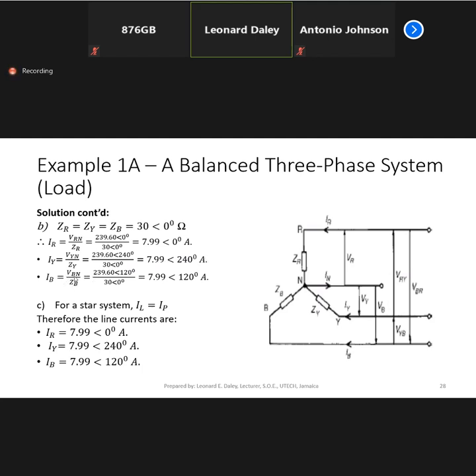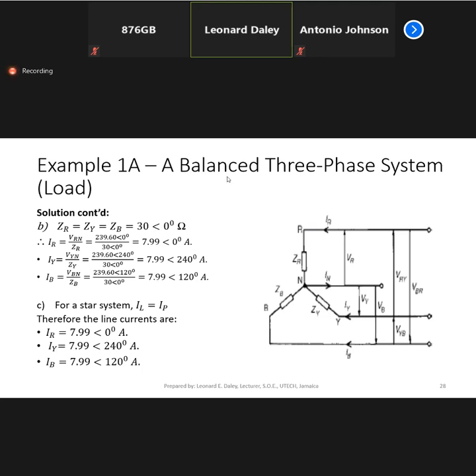And IB is VBN over ZB, 239.6 at angle 120 over 30. So again, that is 7.99 at angle 120.